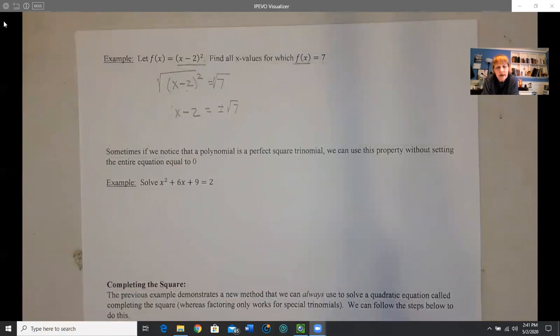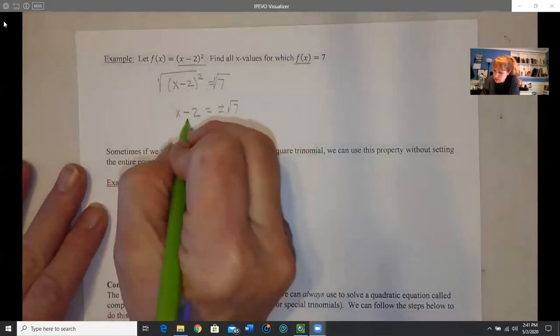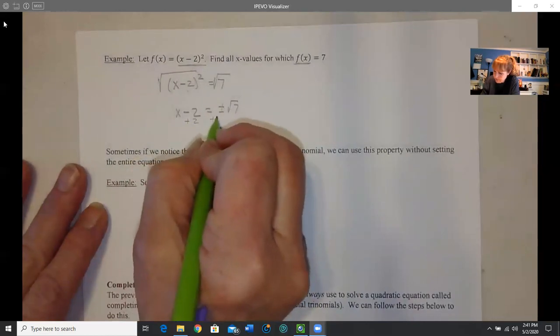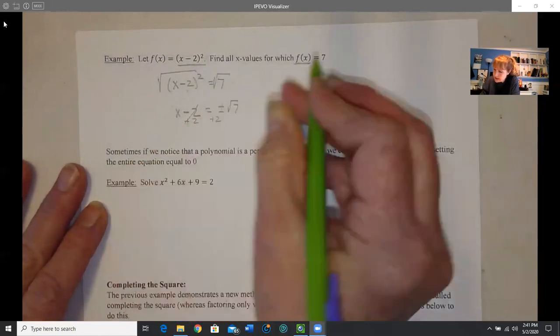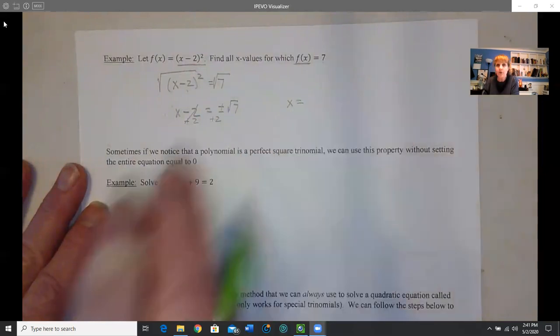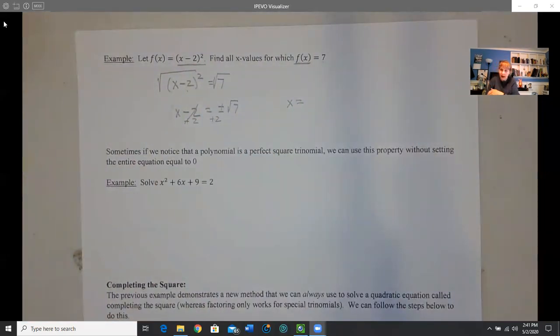The problem is the x is still not by itself, so I need to get rid of that minus 2. To do that, I'm going to add 2 to both sides. So the x is now alone. But how do you deal with that right-hand side? I have a positive 2, and I have a plus or minus square root of 7.